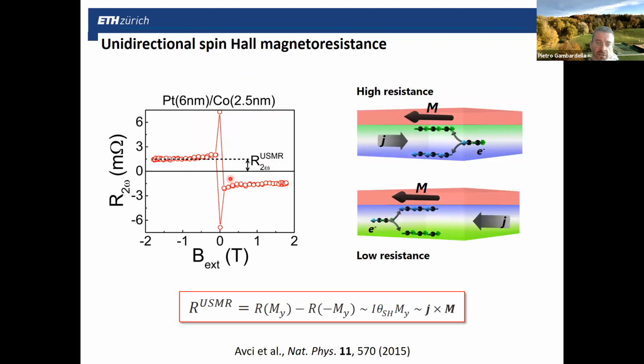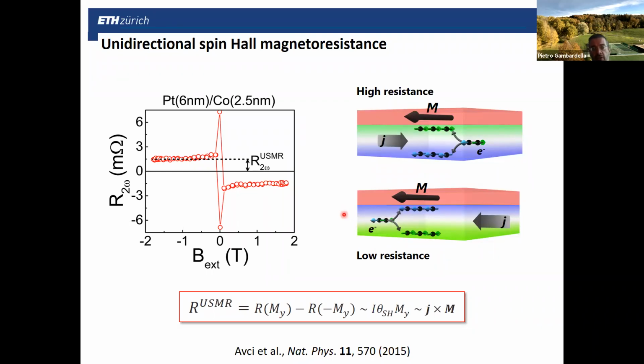Here you see the difference in resistance for the magnetization of the only ferromagnetic layer in the system pointing parallel or anti-parallel to the spin accumulation at the interface of the materials. And now, this also means that this system is quite peculiar because the resistance is not the same when you flow the current in, say, the positive or the negative direction. Okay.